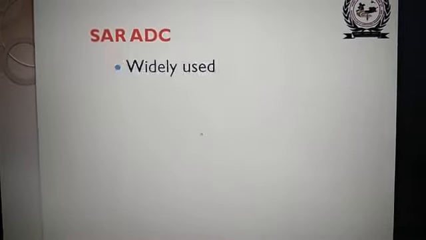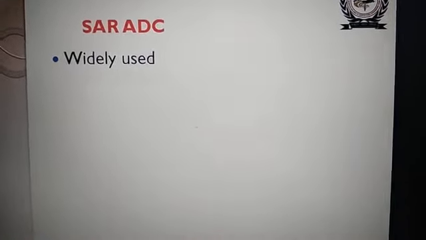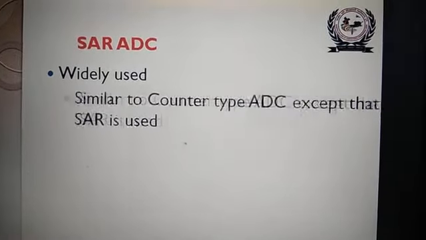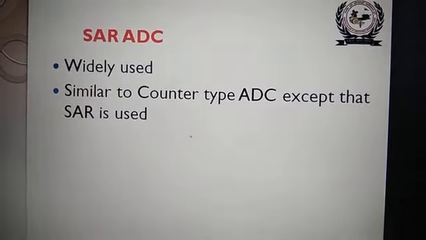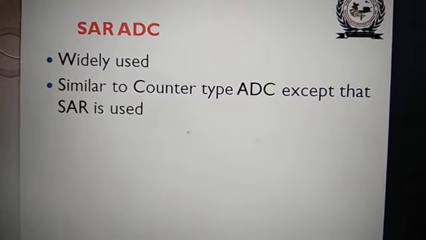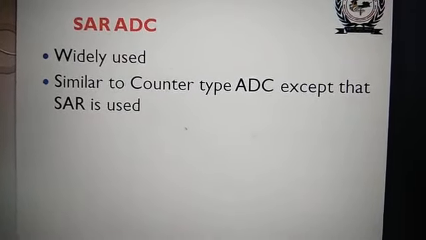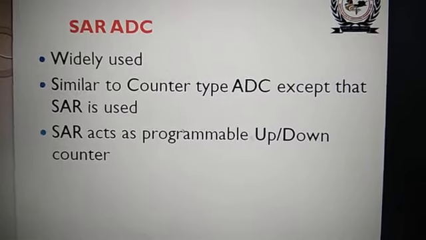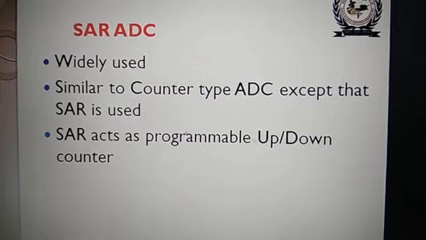SAR ADC, successive approximation ADC, is a widely used type of ADC, similar to counter type ADC, except that SAR is used, that is, successive approximation registers are used. SAR acts as a programmable up-down counter.